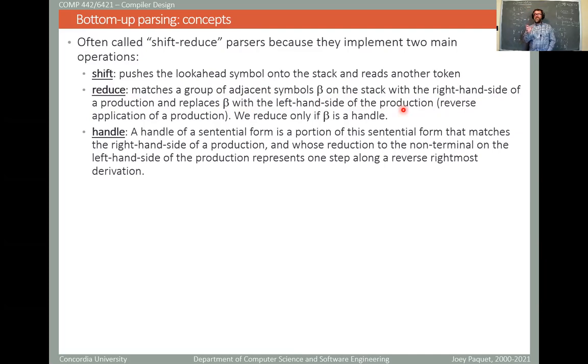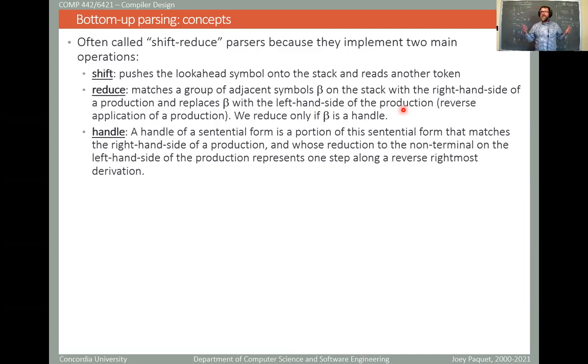If it sees a right-hand side on top of the stack, then it will remove this right-hand side from the top of the stack and replace it by the corresponding left-hand side. Essentially doing the application of a rule, but in reverse. So it's doing a bottom-up rather than a top-down.